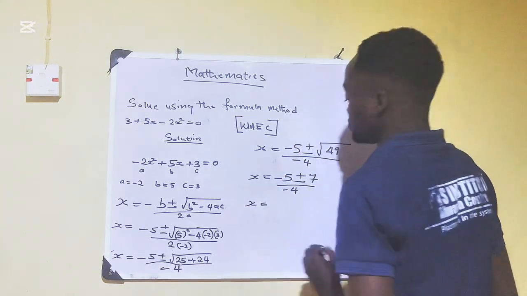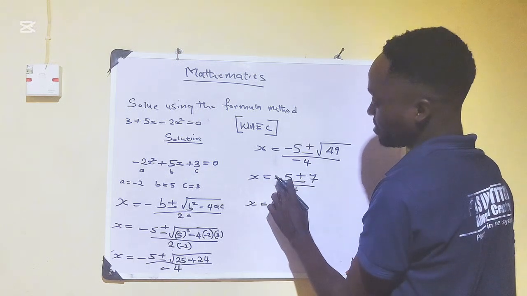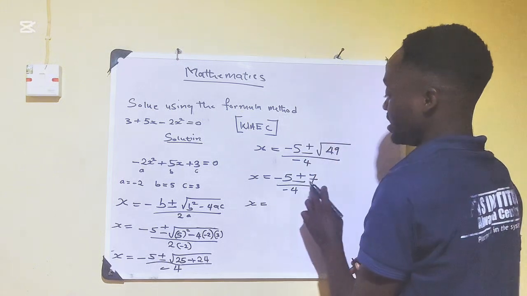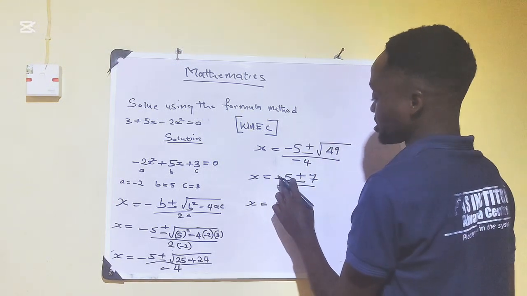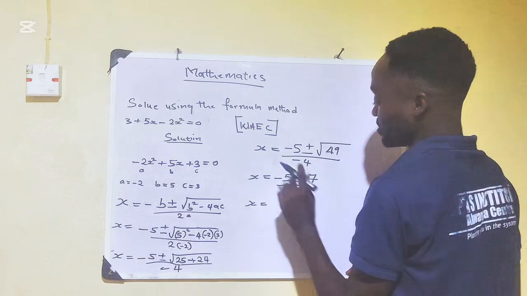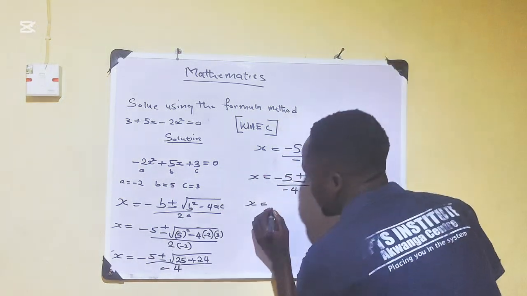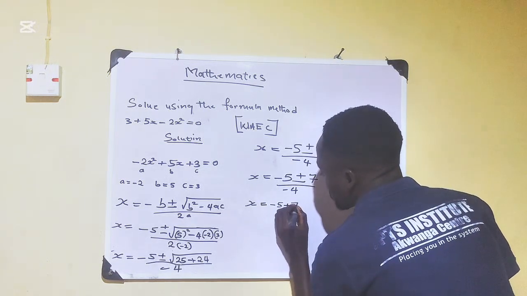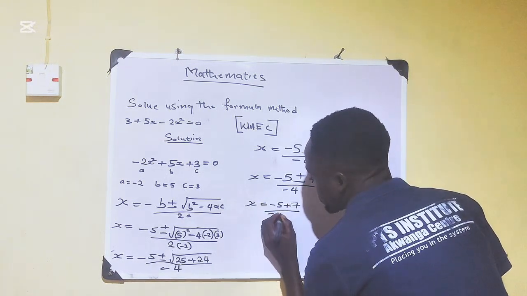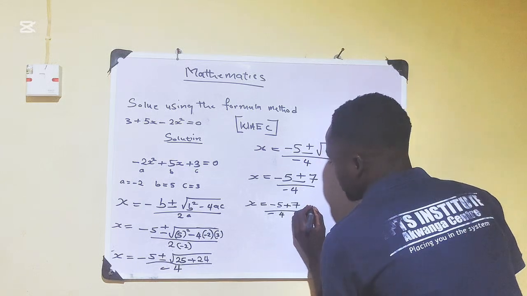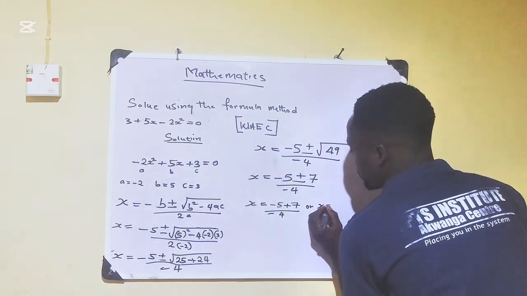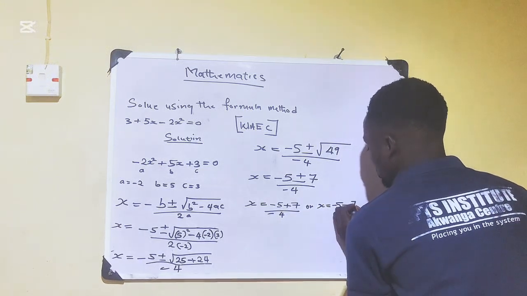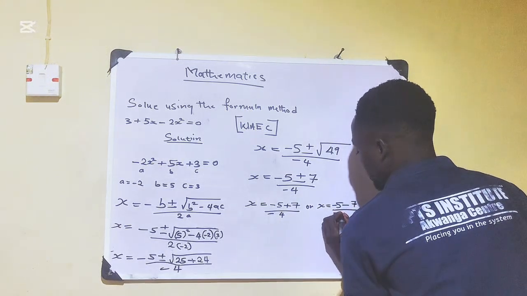So we are going to do minus 5 plus 7 first, and the next one will be minus 5 minus 7. Let's do it separately so that you understand what is happening. First, x equals minus 5 plus 7 all over minus 4. Or the next one, x is equal to minus 5 minus 7 all over minus 4.